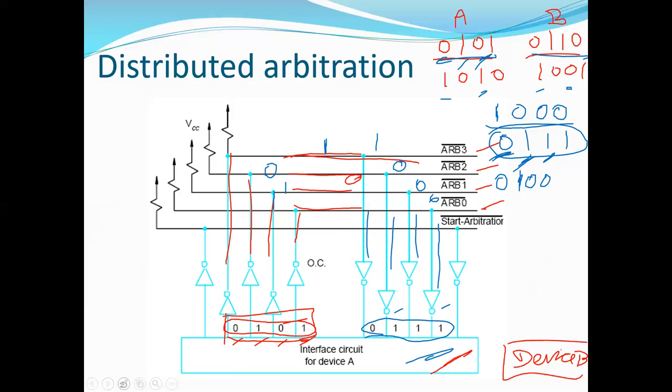Similarly, match the value for device B also. The MSB value 0 matches, 1 matches, and the next bit 1 also matches. 1 and 0 does not match, so put a 0.